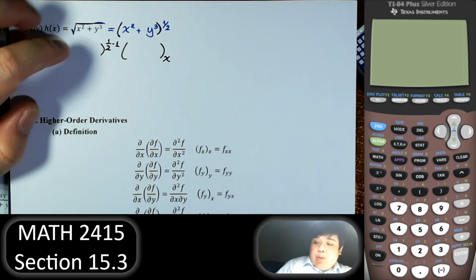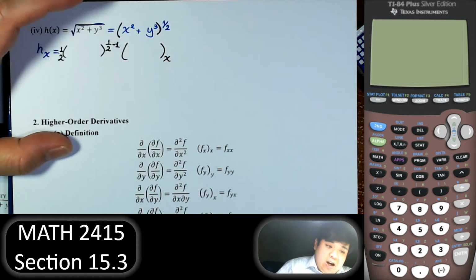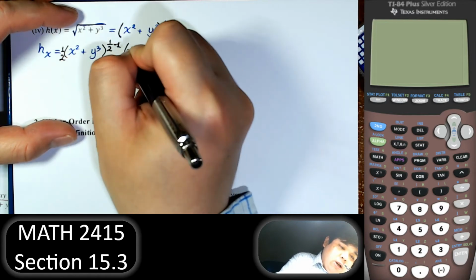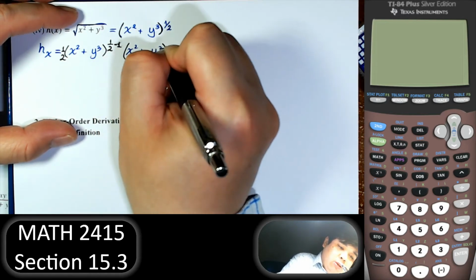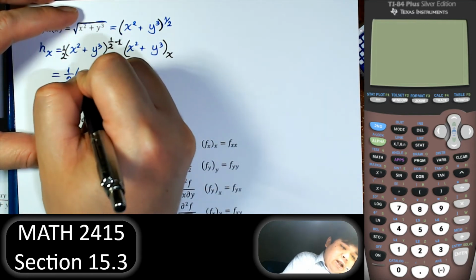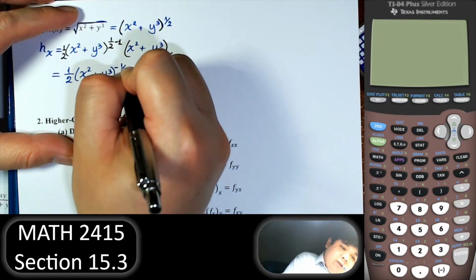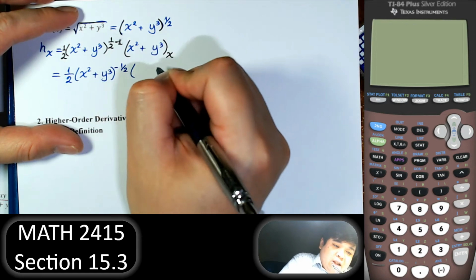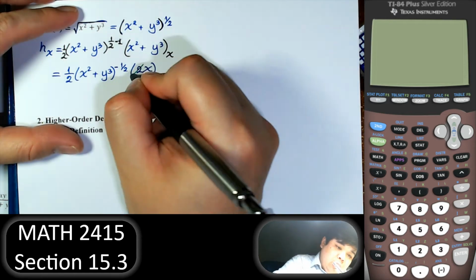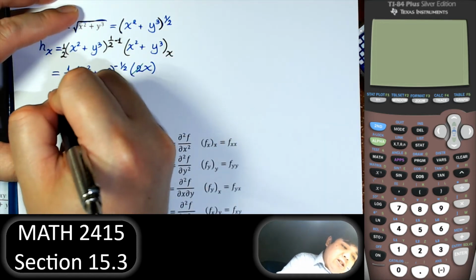That is the derivative of a square root of something. x squared plus y cubed gives us 1/2 times x squared plus y cubed to the negative 1/2. Derivative with respect to x is 2x. The 2 cancels out, and we just have x times that.